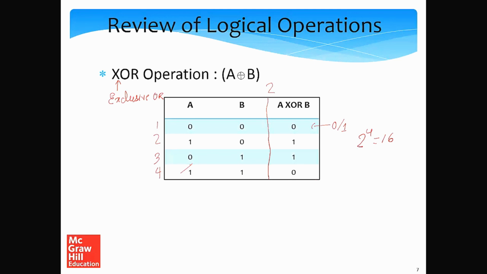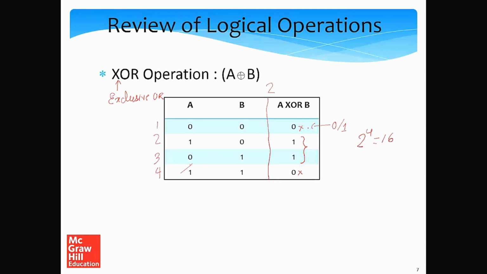Similarly, in the last row, both A and B are 1 and 1, so A XOR B is also 0. But in the middle two rows, in the second row, A is equal to 1 and B is equal to 0, or alternatively, in the third row, A is 0 and B is 1. So as a result, in these two rows, A XOR B is equal to 1, and in the rest of the two cases, A XOR B is equal to 0.